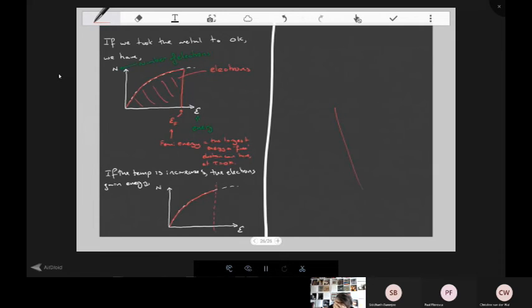Imagine that that's the Fermi energy. What happens is this.